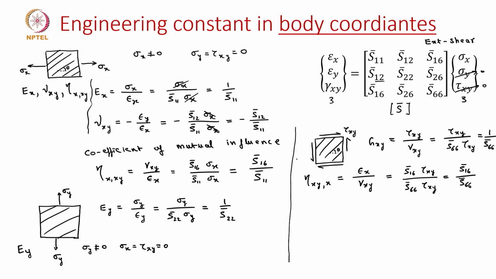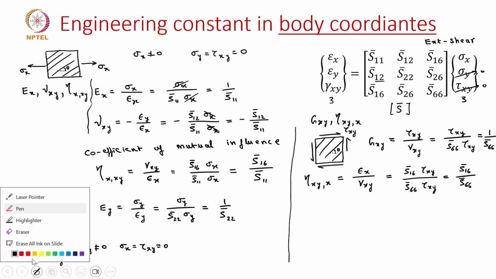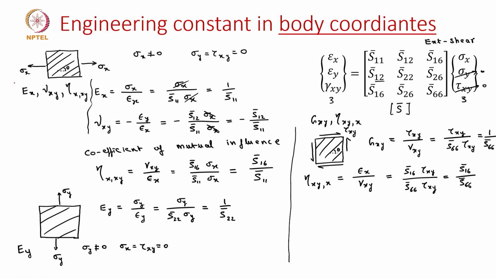So, from this last experiment we are able to find two more elastic constants, which we name Gxy and this coefficient of mutual influence written as xy comma x. So, let me box it. We can see what are the elastic constants we have discussed here.